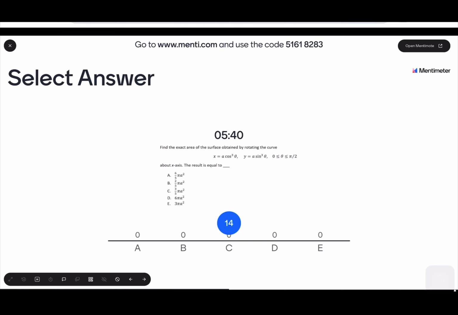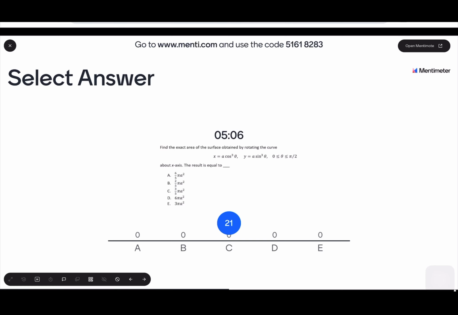I think you can take a guess and narrow down the answer. If you take the derivative, this will go to the front. Chain rule, don't forget the chain rule. We are still just using the parametric.